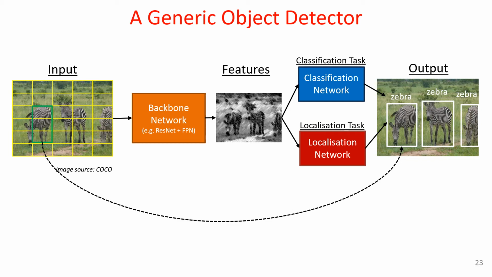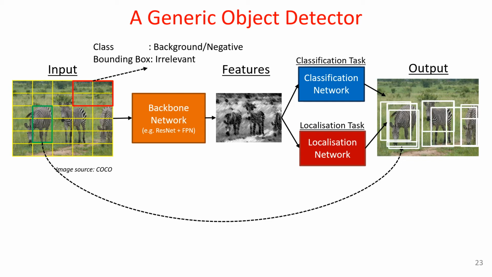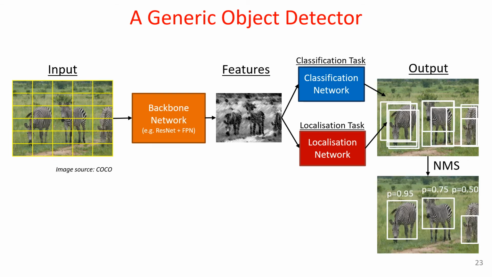Otherwise, if the anchor does not correspond to any of the objects, then the classifier is to classify it as background and the localization output is irrelevant in this case. Since there are many anchors, the same ground truth can be targeted by several anchors, causing duplicates. Generally, non-maximum suppression, or NMS in short, is employed to remove the duplicates and to yield the final detection output.